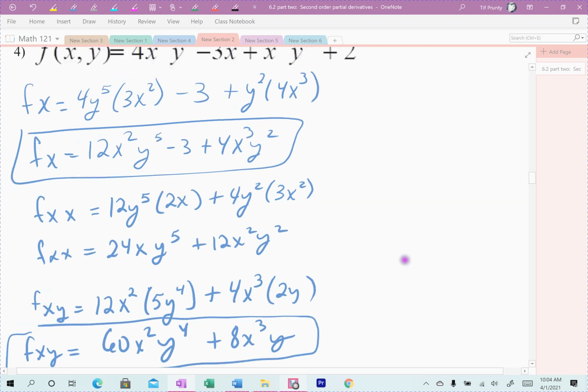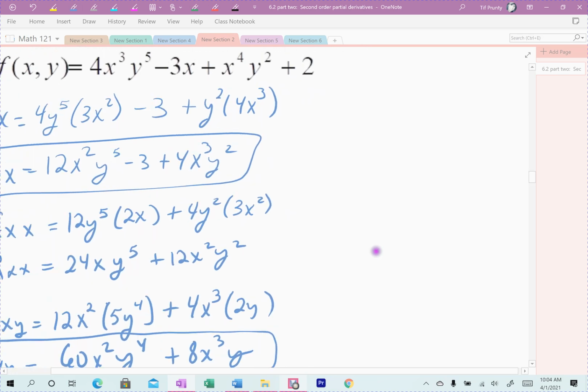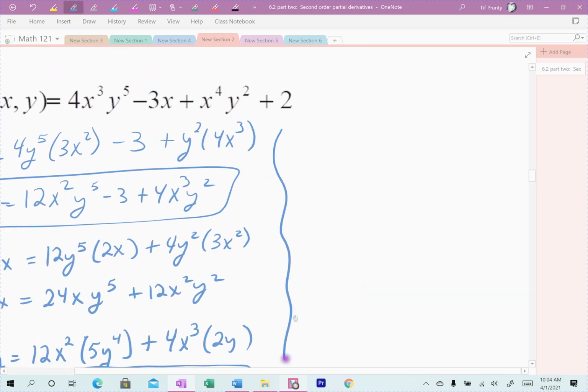Alright, so I'm done with the x. And so then over here, I'm going to go look at my y. Alright, so separate it. F sub y first. So taking the derivative of this with respect to y, there's only two y parts. Alright, the 3x and the 2 are constants. They'll zero out. So the y part, my 4x cubed comes along. I take the derivative of the y to the fifth.